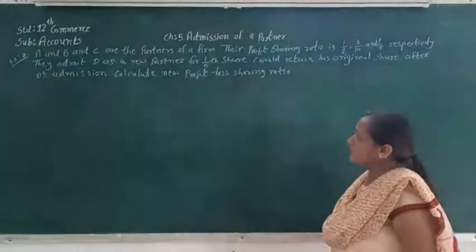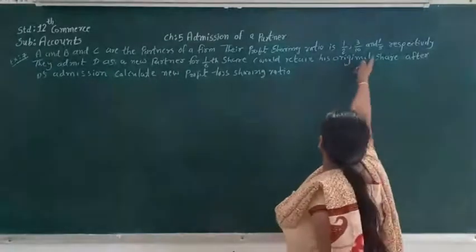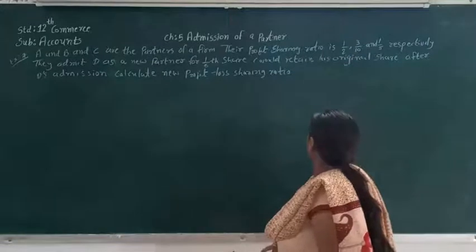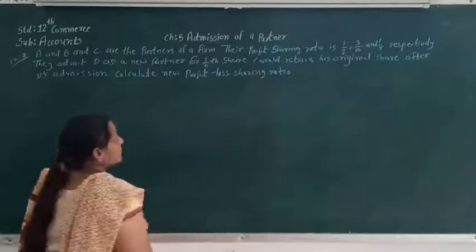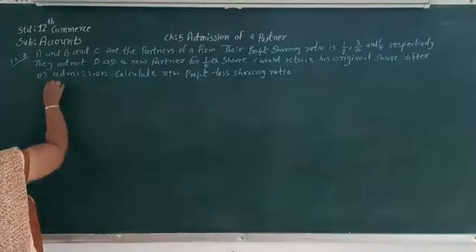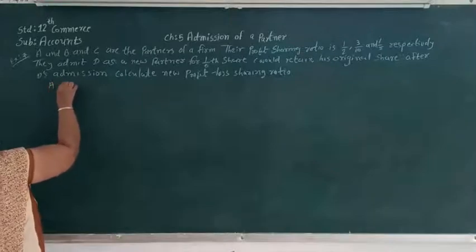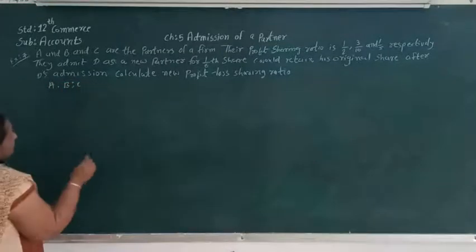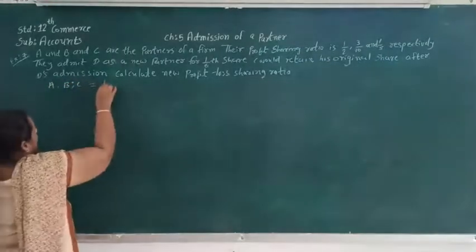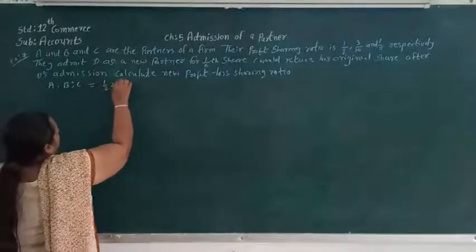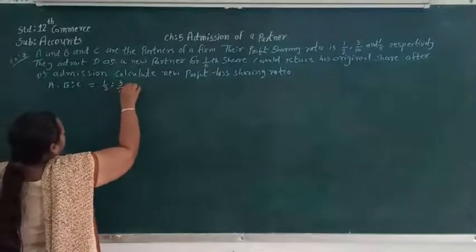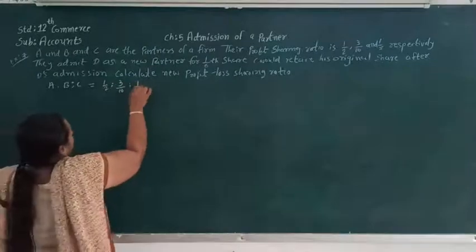Calculate the new profit sharing ratio. So here to make the profit sharing ratio, we have to make the denominator same. So here A is to B is to C's share is equal to 1 by 2 is to 3 by 10 is to 1 by 5.